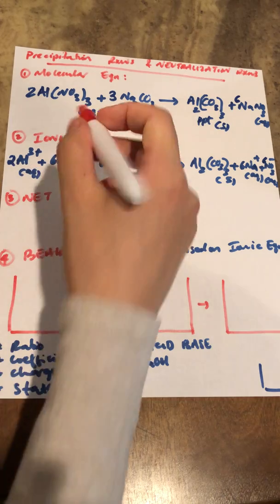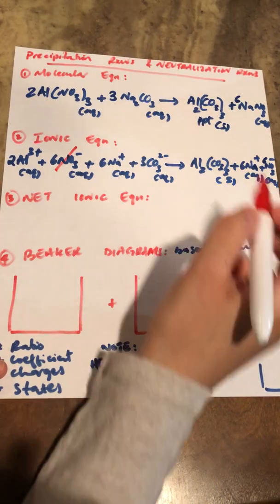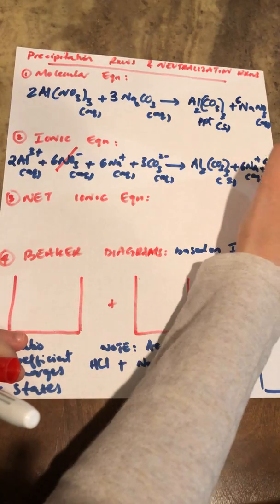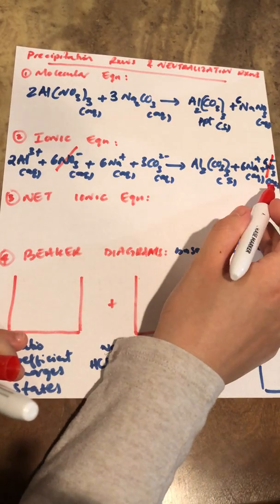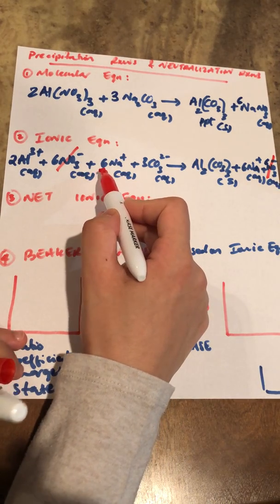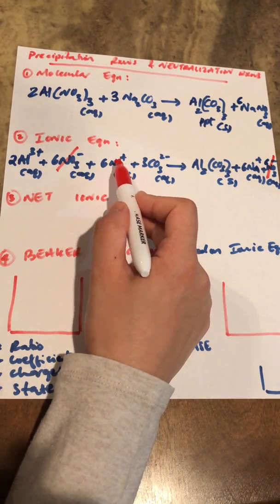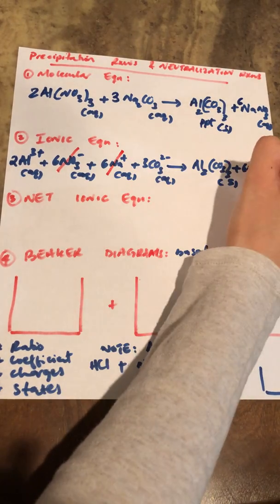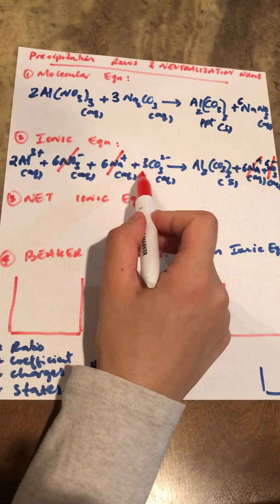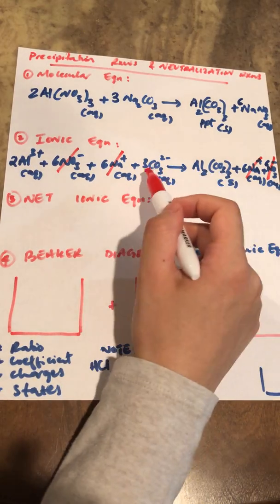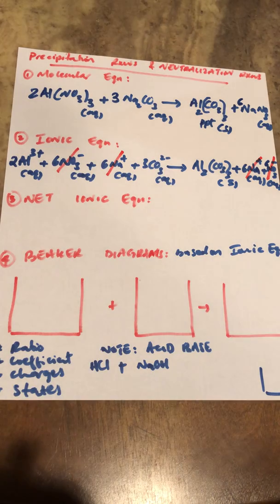So over here, I'm going to cancel the 6 NO3 minus with the 6 NO3 minus on that side. We're also going to see that we have 6 sodium pluses and 6 sodium pluses. Therefore, I'm going to cancel these two also. And lastly, I have the 3 carbonate ion, and again, I cannot cancel that with the solid, so I'm going to keep it as it is.